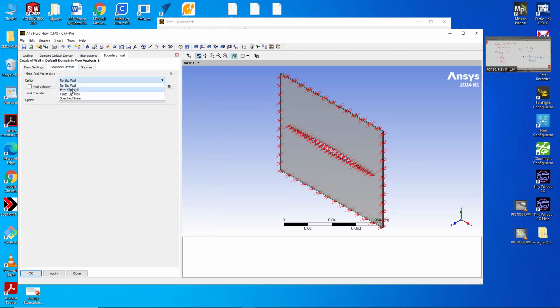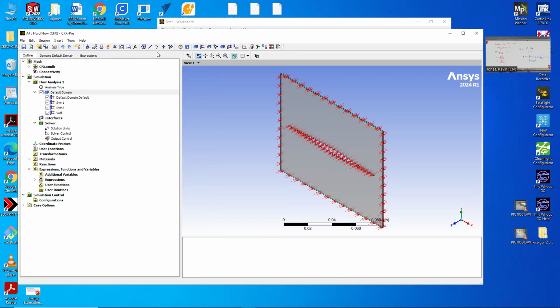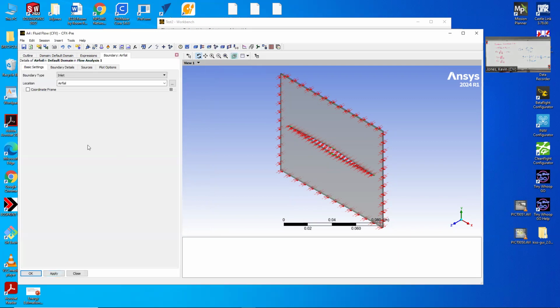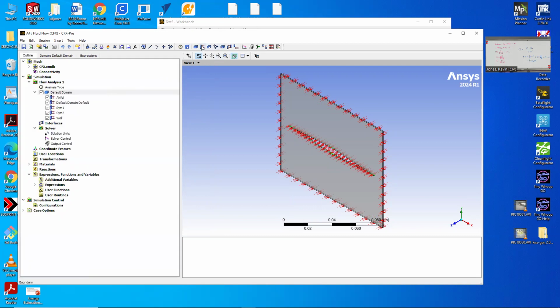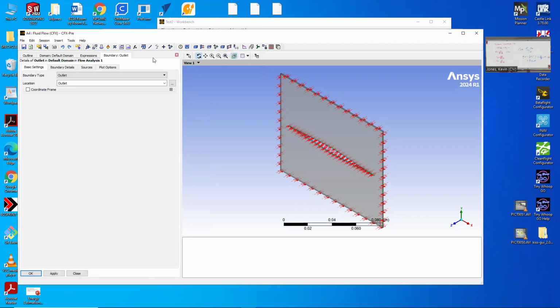Make it free slip. The wall is also free slip. And the outlet: as you say, it's supersonic, so there's nothing else to do. Anything downstream can't affect you anywhere upstream.